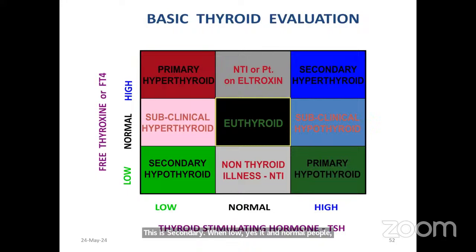When TSH is low and T4 is high, it is primary hyperthyroidism. So you can easily understand by these boxes, and you can keep it in your OPD. So when interpreting the thyroid function with the help of T4 and TSH, you can easily diagnose whether it is the condition of hypothyroidism or hyperthyroidism or not any thyroid related illness. Next.